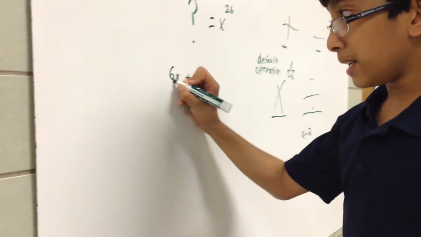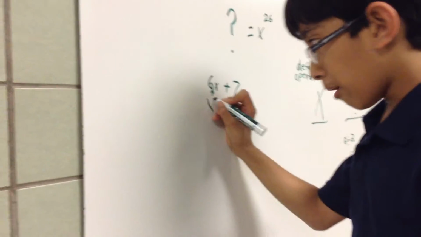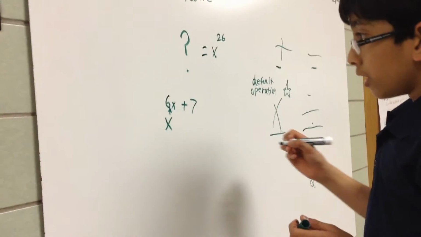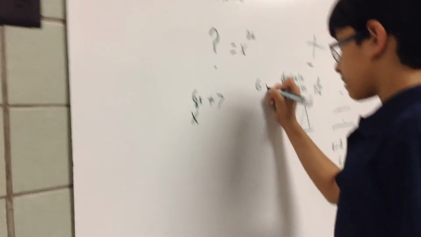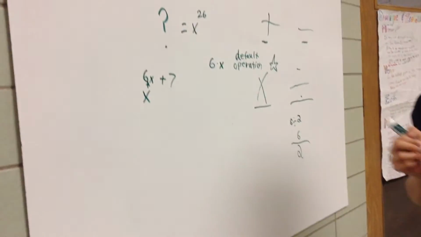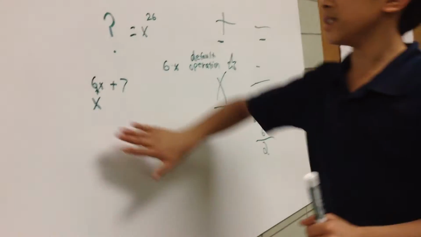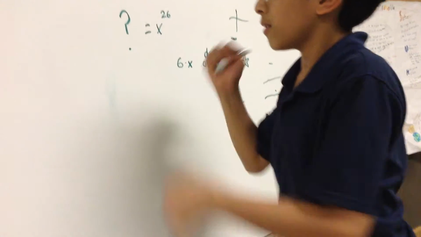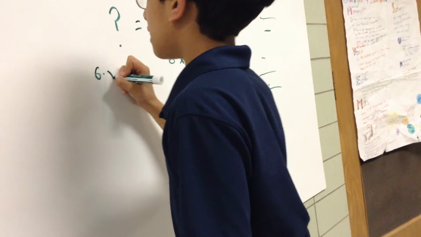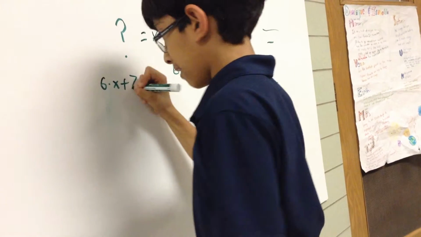So in between here is really a multiplication sign. Or it could be written as 6 times x with a dot in the middle. That's how times could be written. So this is really 6 times x plus 7.